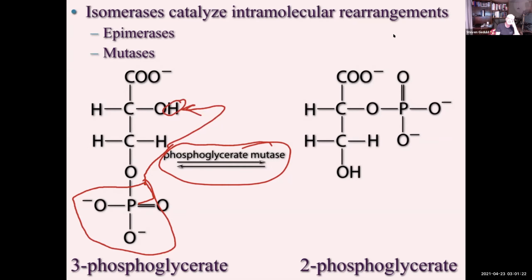We're moving the group internally within the same molecule, just moving that group around. That's an isomerase, like the isomers we talked about. So phosphoglycerate mutase takes 3-phosphoglycerate and produces 2-phosphoglycerate.